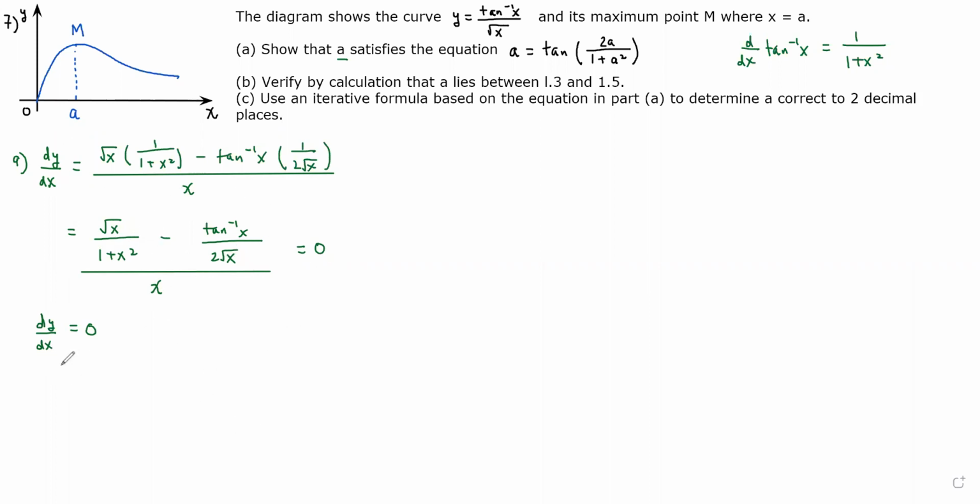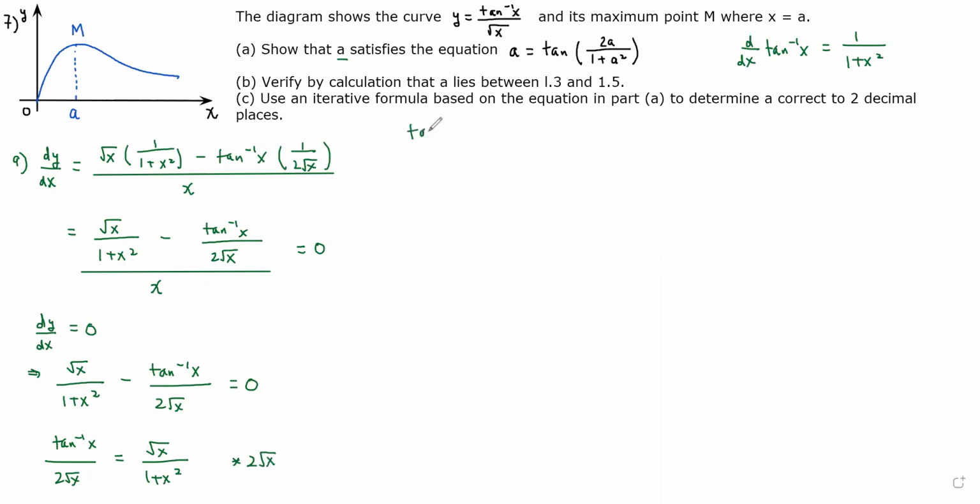So this implies that square root of x over 1 plus x squared, minus arctangent of x over 2 root x, equals 0. We can rearrange so that arctangent of x over 2 root x equals square root of x over 1 plus x squared. And we multiply throughout by 2 root x.